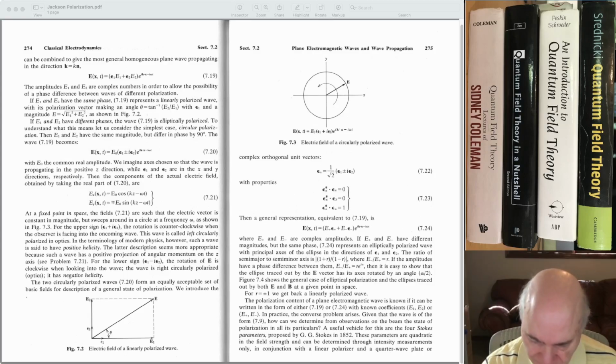But if we want to get circular polarization, we use plus or minus i E2 times e to the i (kz minus omega t). So if you were to take the real and imaginary part, remember in electromagnetism, the physical component is always the real part.